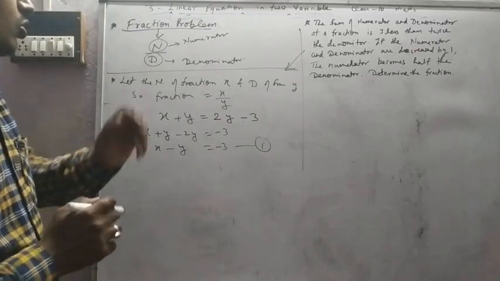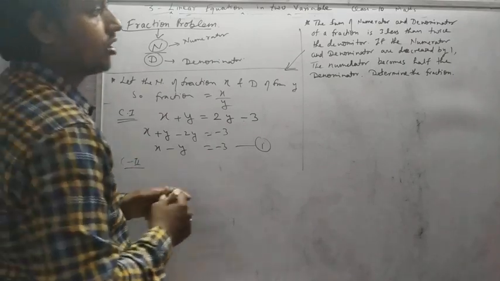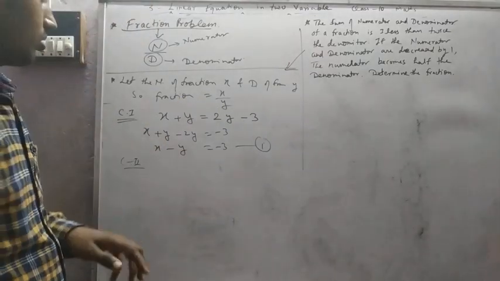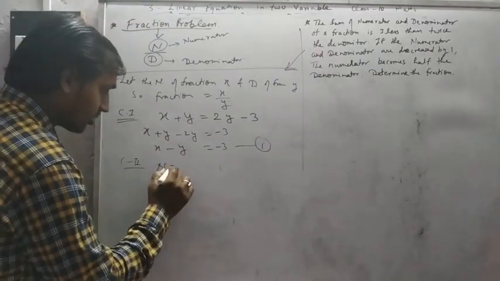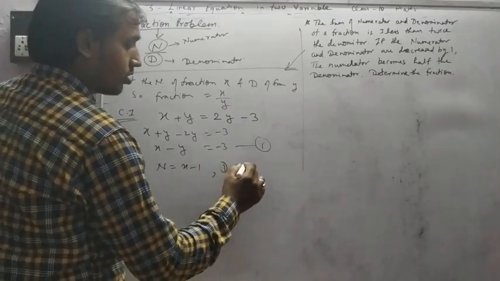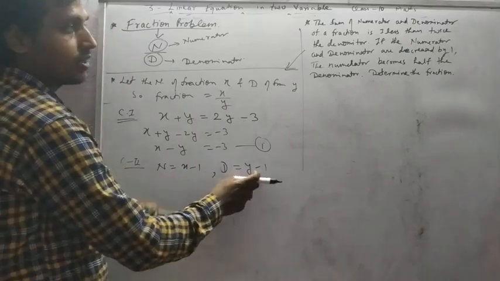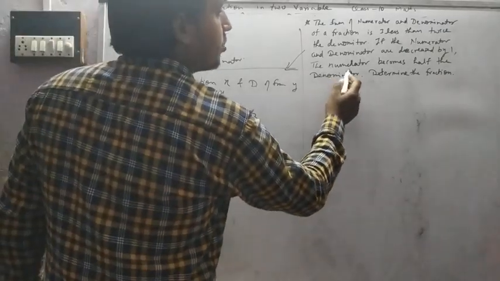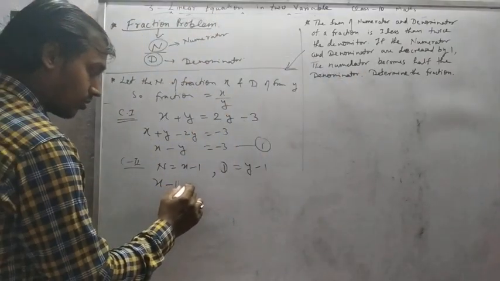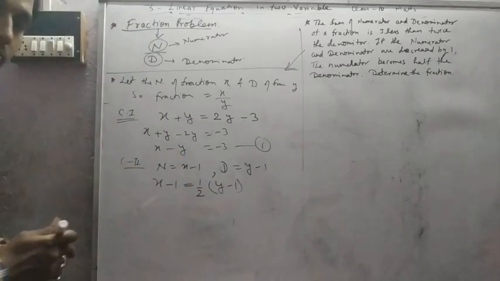Then use the second case. If the numerator and denominator are decreased by 1, means numerator x minus 1, denominator y minus 1. The numerator becomes half the denominator.